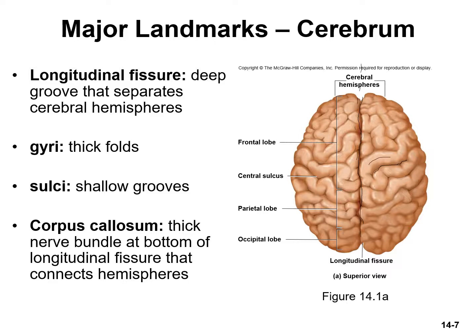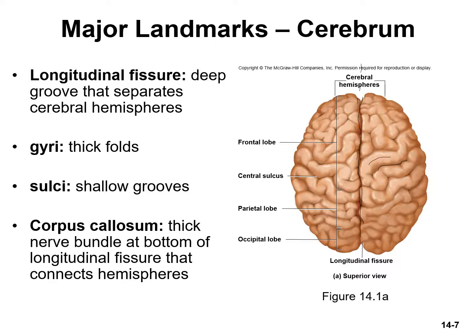I want you to be thinking about some of the advantages of having a highly folded structure to the cerebrum. What functionality does that impart for nervous system functions? Compare that to hypothetically just having a smooth surface, having a brain that doesn't have these folds and grooves.